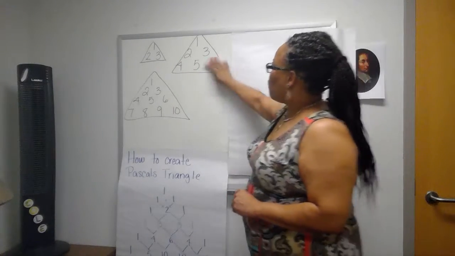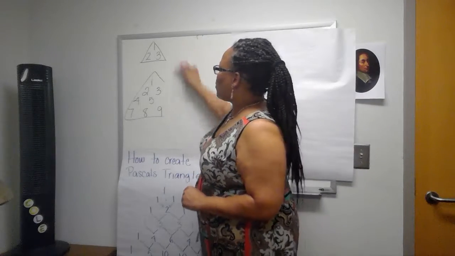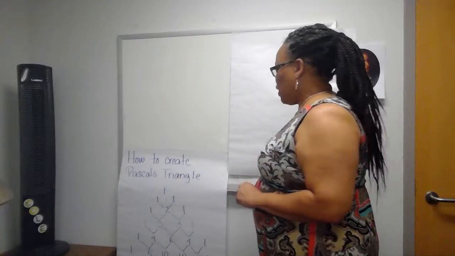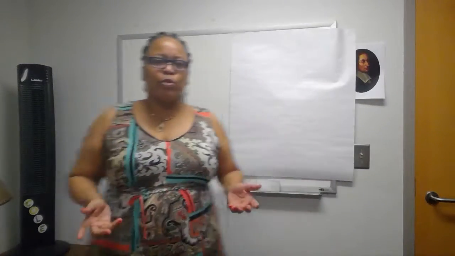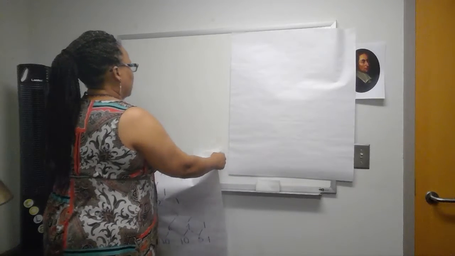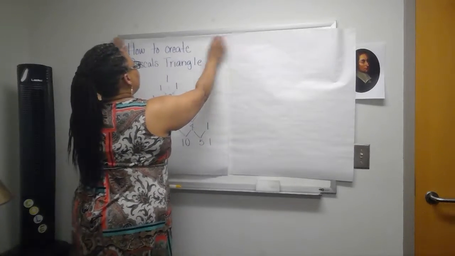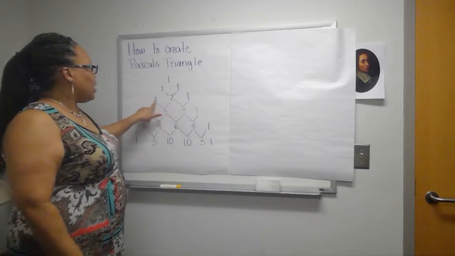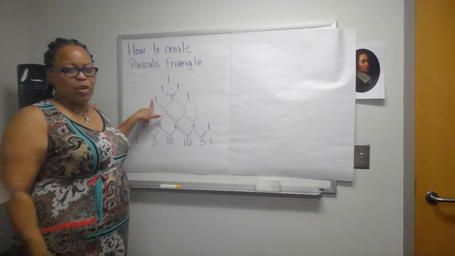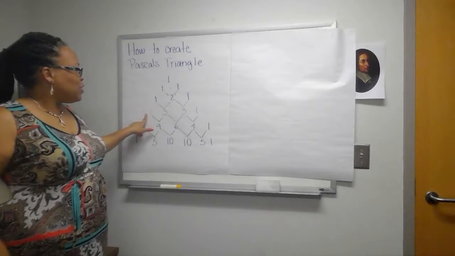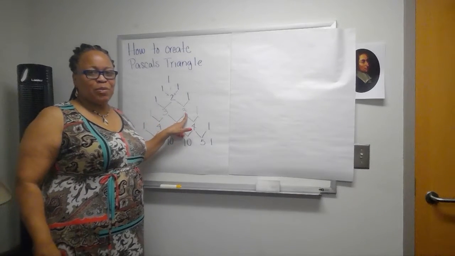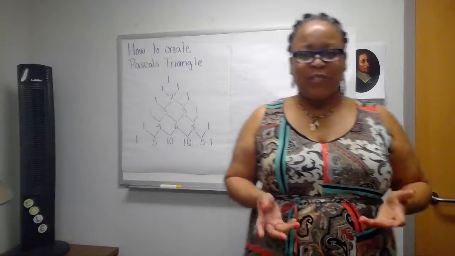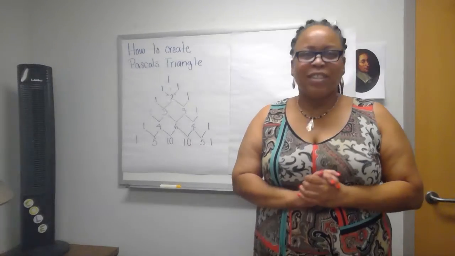So those are some fun and interesting little facts, and there are some more things that go along with those, like you can find the powers of 11. 11 to the first power is 11. 11 to the second power is 121. 11 to the third power is 1,331.